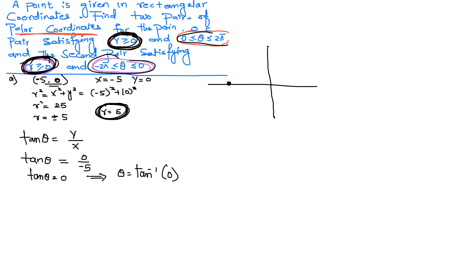It means it is not the first quadrant, so you have to choose another angle. Can you check for angle 180?